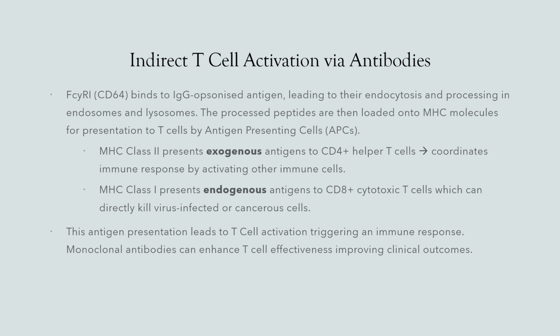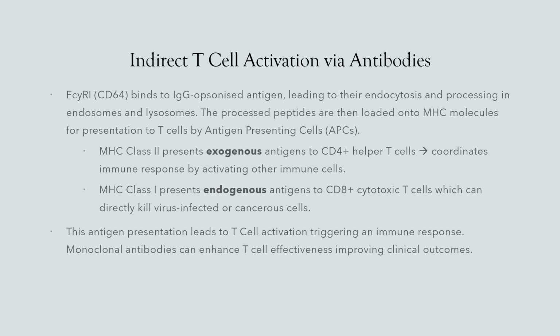You remember that because it always has to add up to 8: if it's class 2, 2 times 4 makes 8, whereas class 1 is CD8, 8 times 1 is 8. That's how I remember it.